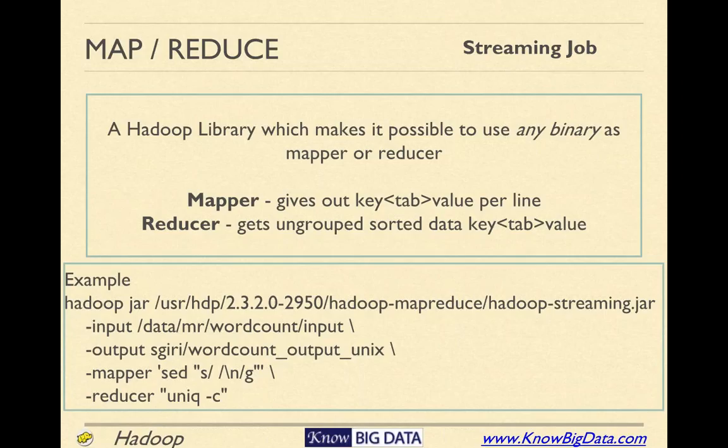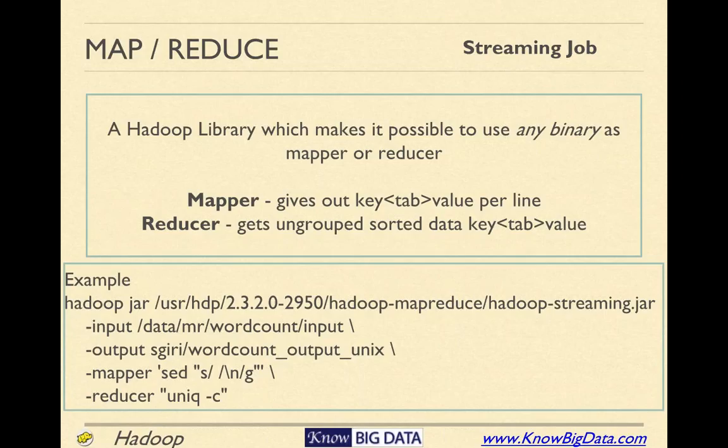So these are the three reasons why Java MapReduce needed a library where people can start working using any programming language, and that's where Hadoop streaming comes in. The Hadoop streaming library makes it possible to use any binary as mapper and reducer.